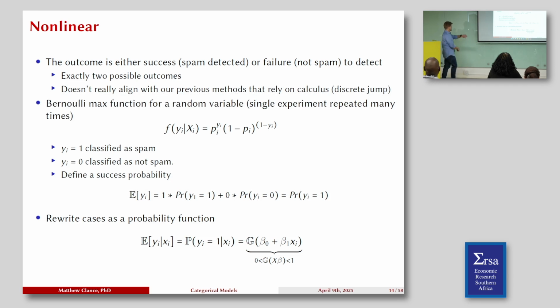The nonlinear side of this, though, is the outcome is either success, spam detected, or failure, not spam, or failure not to detect. Basically, we only have exactly those two types of outcomes. That doesn't really align with the previous methods that we think about in terms of OLS.